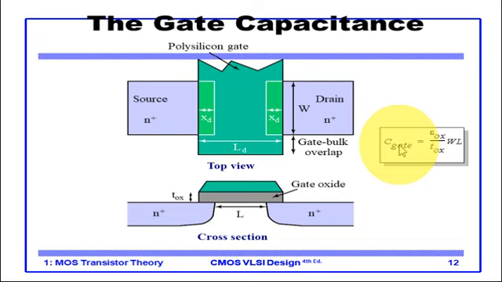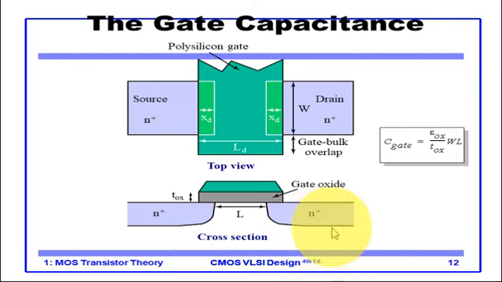There will be a capacitance between gate and source, a capacitance between gate and drain, and a capacitance between gate and substrate, which is the bulk. Here, this drain is connected to positive and this bulk is connected to negative.